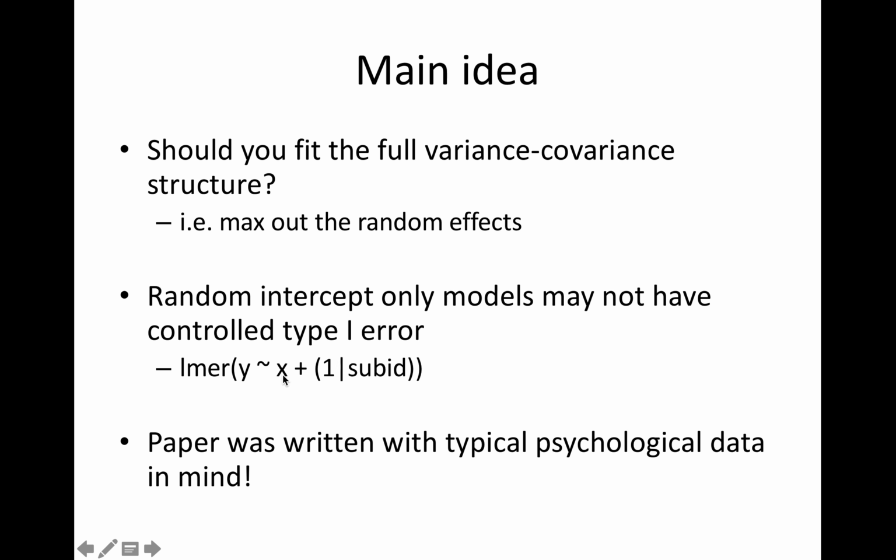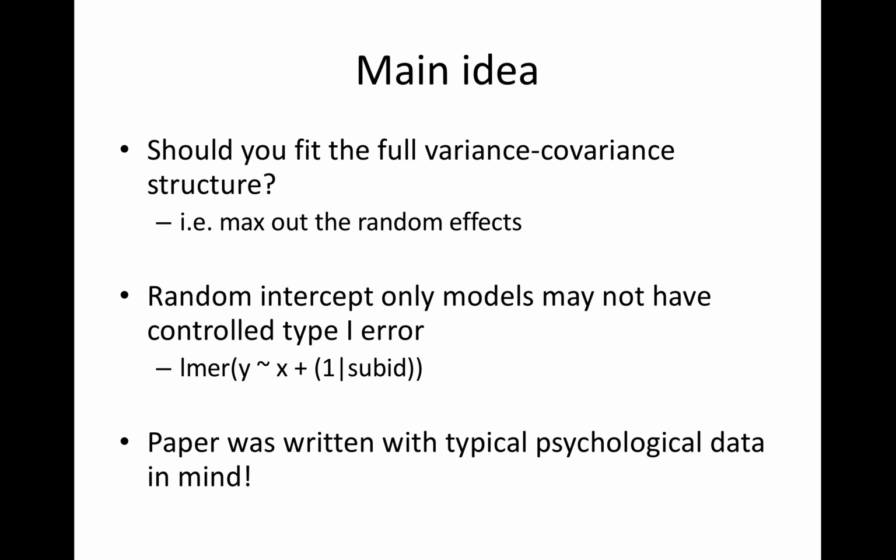So I have some continuous covariate x that I'm looking at, and a random intercept. The reason I typically end up with this model is that if I try to add x here, so that x can have a variance associated with it as well, I typically have convergence issues with the data I'm working with. I'll talk more about that too.